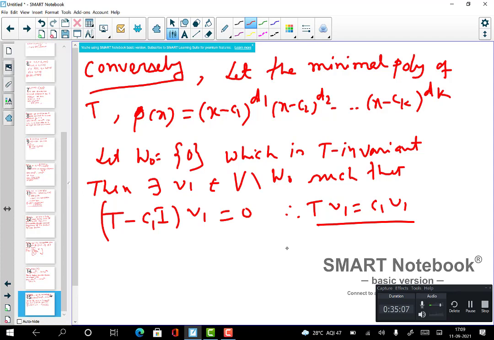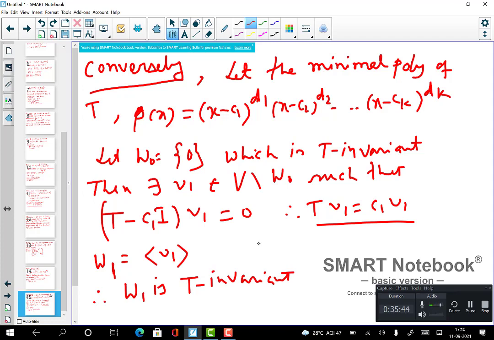Once you get this vector v1, you find the subspace spanned by v1, which is W1. And because v1 is an eigenvector for T, this implies W1 is T invariant.